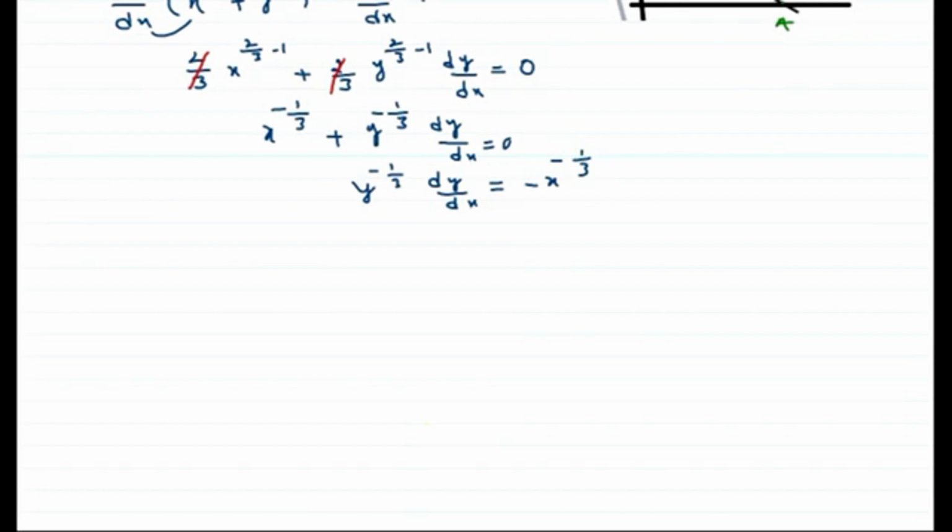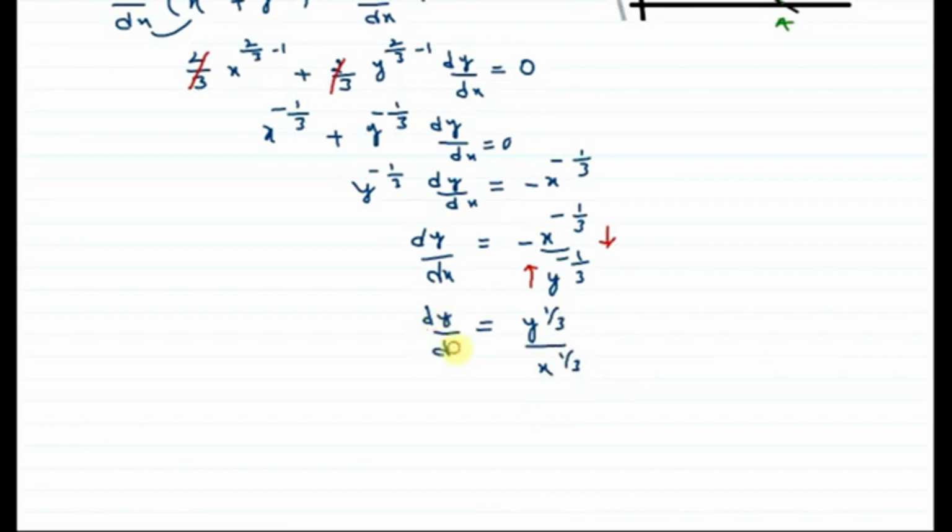So dy by dx is equal to minus x to the power of minus 1 by 3 divided by y to the power of minus 1 by 3. So bring this term to the denominator and this term to the numerator. Here you will get y to the power 1 by 3 divided by x to the power 1 by 3.